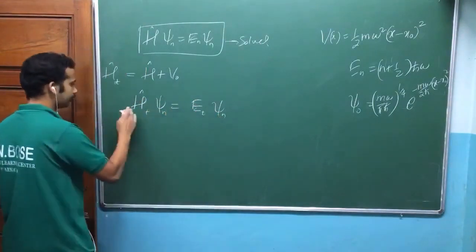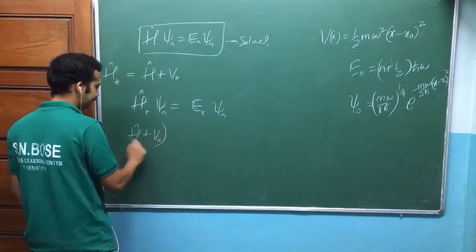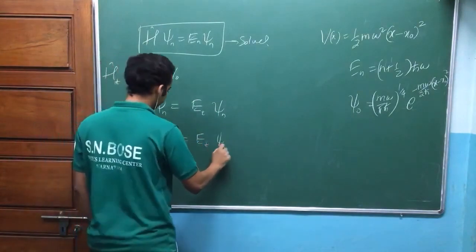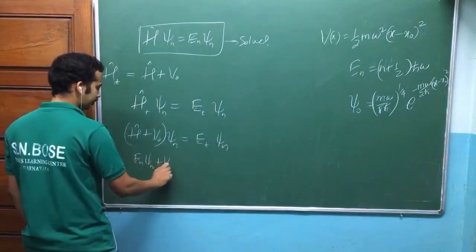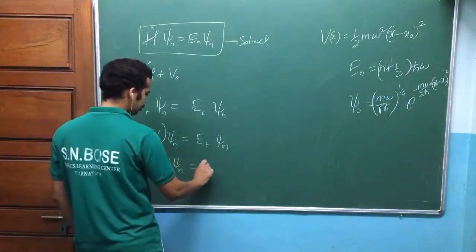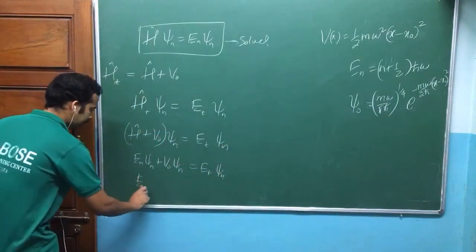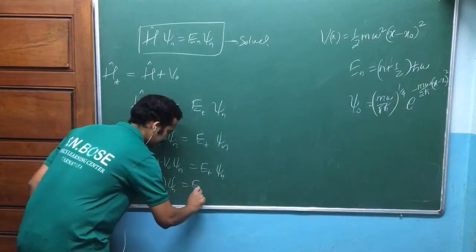We shall check it out. What is this psi n? H cap T, H cap plus V0, psi n is equal to Et into psi n. What is H cap psi n? En into psi n plus V0 into psi n is equal to Et into psi n. En plus V0 into psi n is equal to Et into psi n.